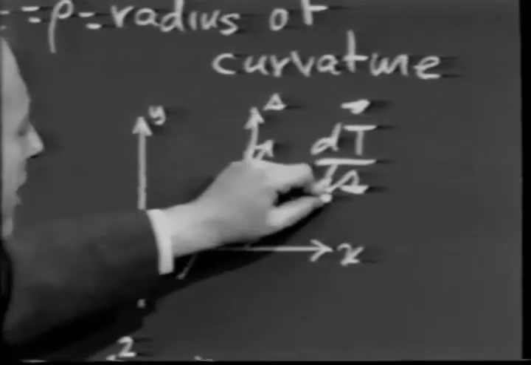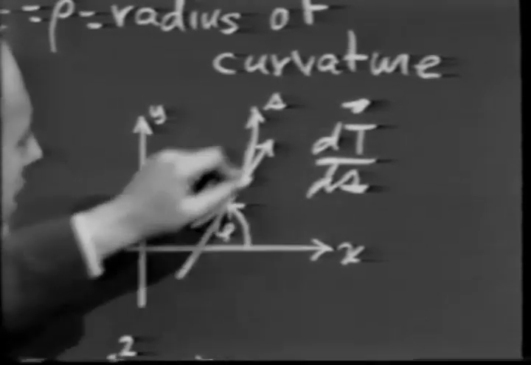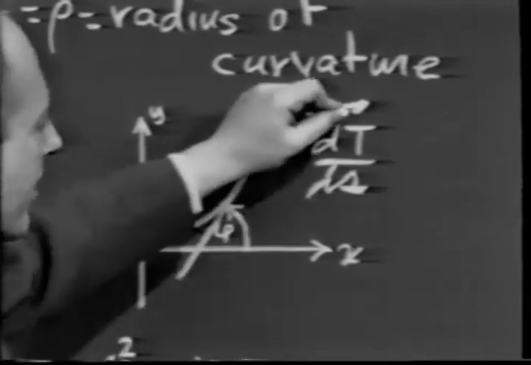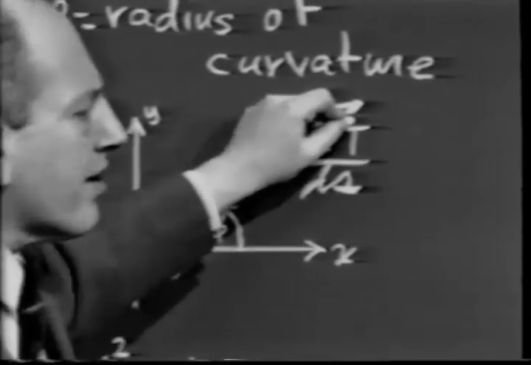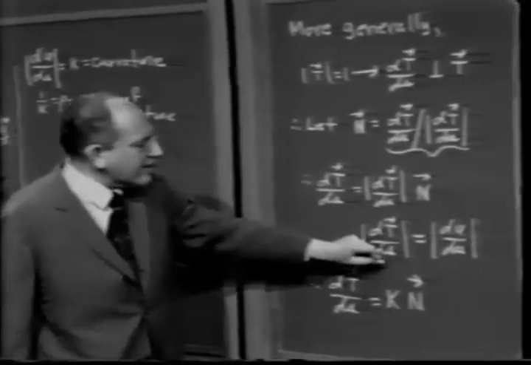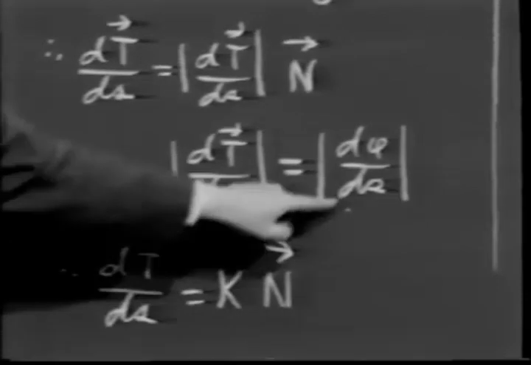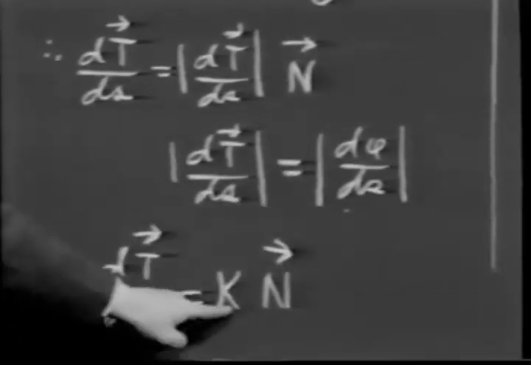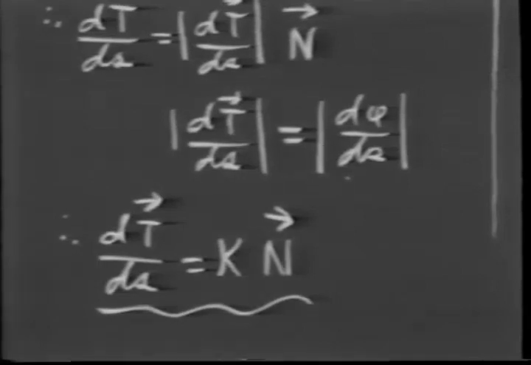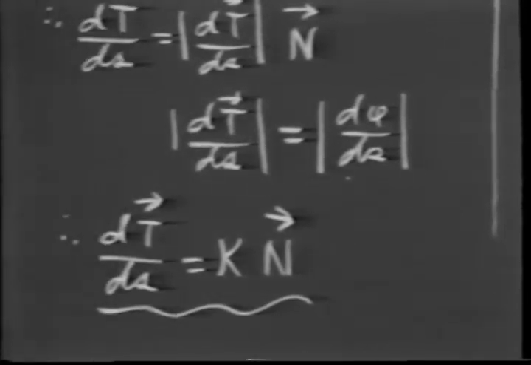In other words, if T is changing at all, it must be changing only in direction because the magnitude of T is always 1. T cannot change in magnitude. It must therefore change only in direction. In other words, the magnitude of dT/ds is the same as the magnitude of dphi/ds. Recall that we just defined the magnitude of dphi/ds to be kappa, and therefore dT/ds is kappa N, the same way as in the traditional approach.